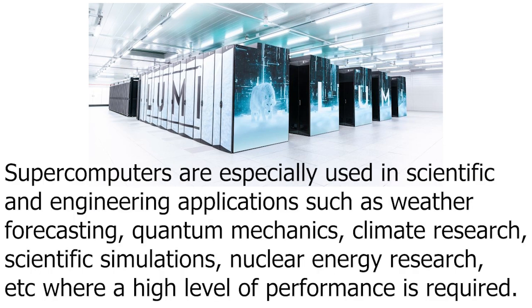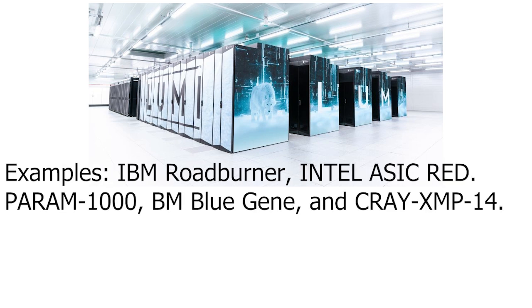Supercomputers are especially used in scientific and engineering applications such as weather forecasting, quantum mechanics, climate research, scientific simulations, nuclear energy research, etc., where a high level of performance is required. Examples: IBM Roadrunner, Intel ASCI Red, PARAM 10000, IBM Blue Gene, and Cray X-MP 14.